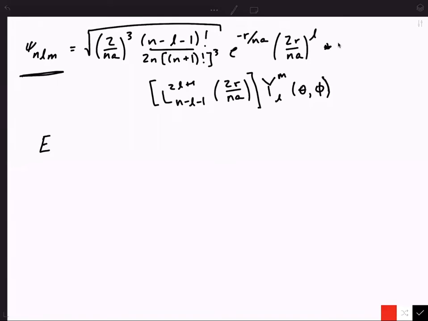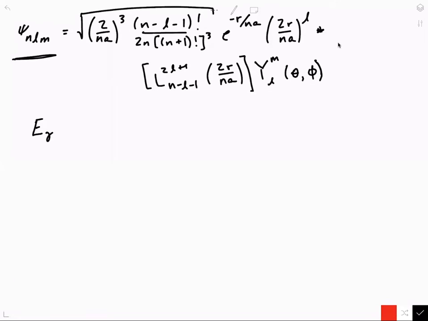And we can figure out the energy of our photon, and here we'll use a gamma subscript to mean our photon. So the energy of our photon is going to be related to the difference between the energy in our initial state and the energy of our final state.